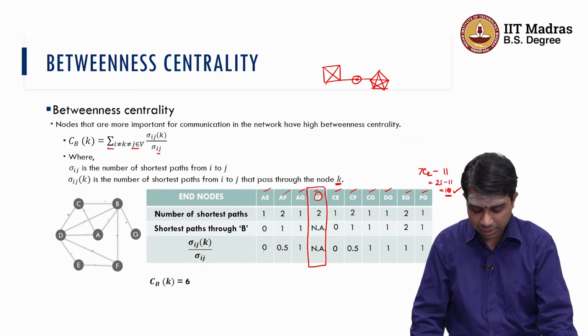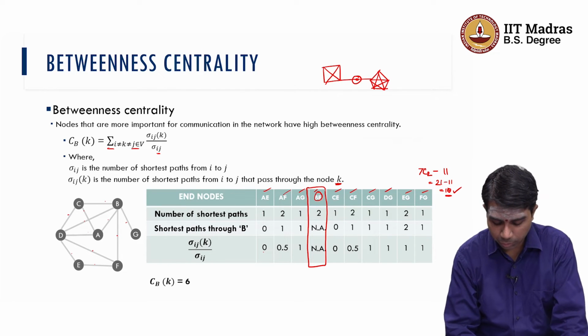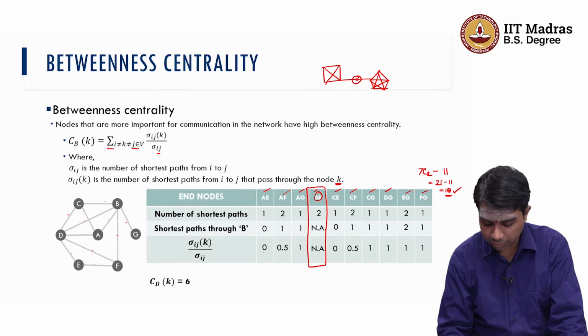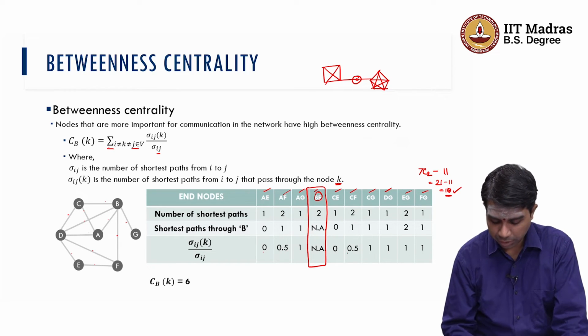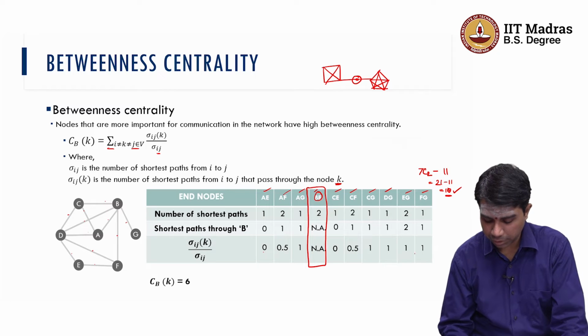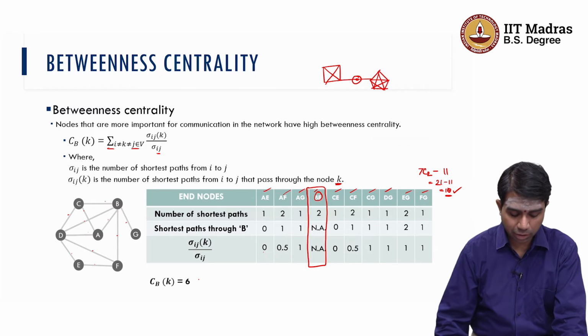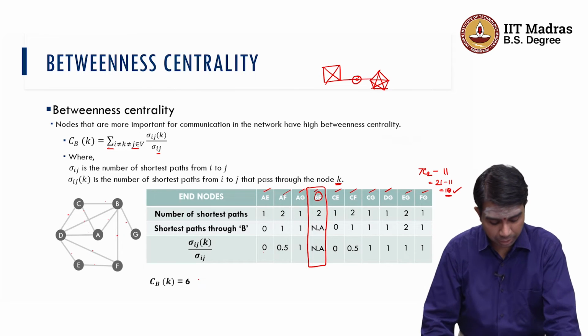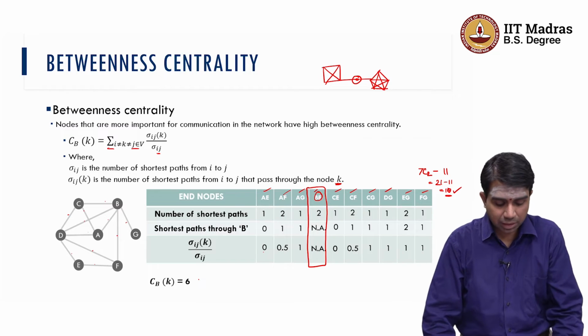So, the total betweenness centrality is going to be 6 because you have half plus 1, 1 and a half, 2, 3, 4, 5, 6. So, you have half, 1 and a half, 2, 3, 4, 5, 6 when you add up all of those, and you get betweenness centrality of B as 6. So, here K is basically nothing but your B here.